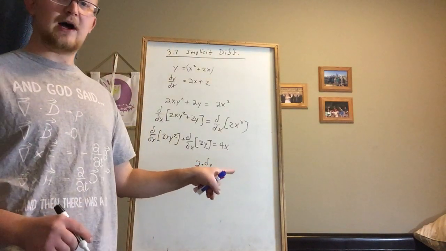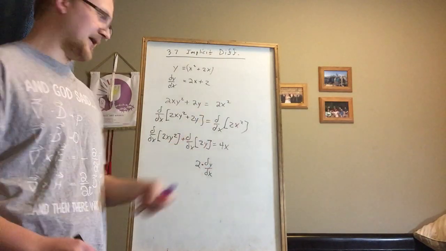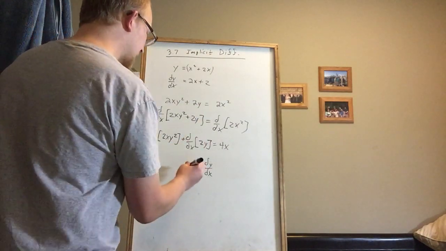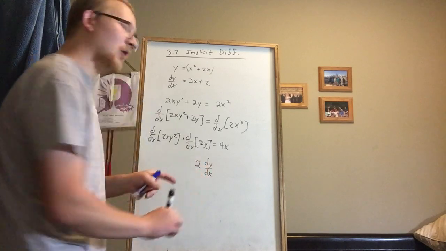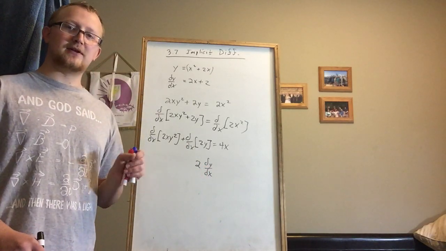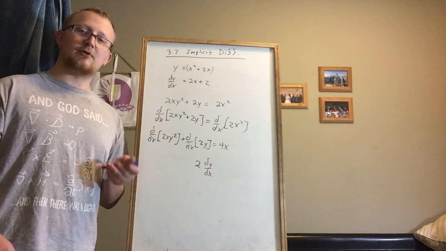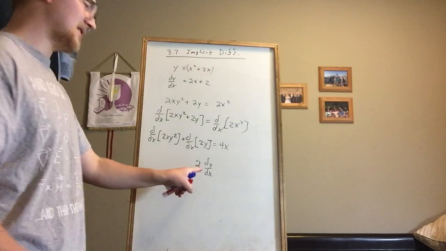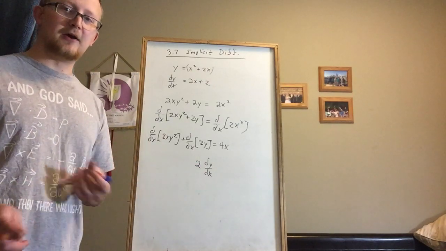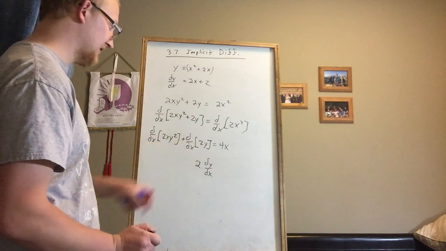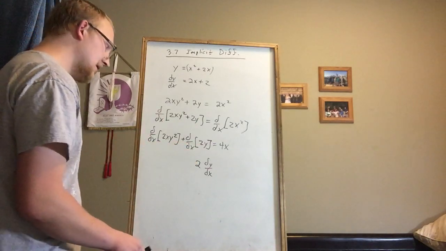The inner function is y. We're taking the derivative with respect to x. And what you'll notice is that whenever you take the derivative of y, in any way when doing implicit differentiation, you are going to write dy dx. It's almost a notation that you did take the derivative of y with respect to x.